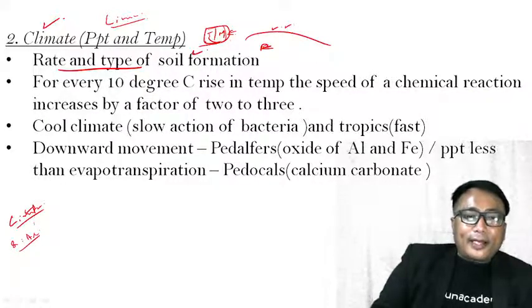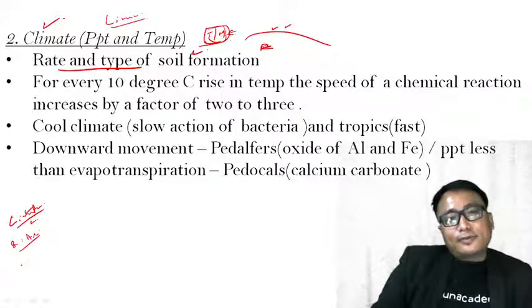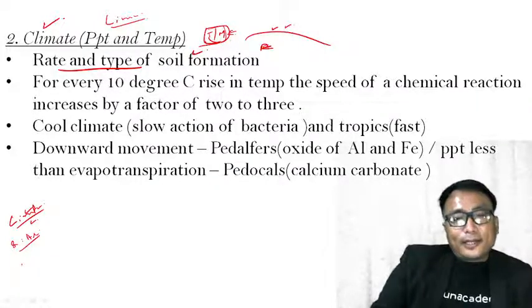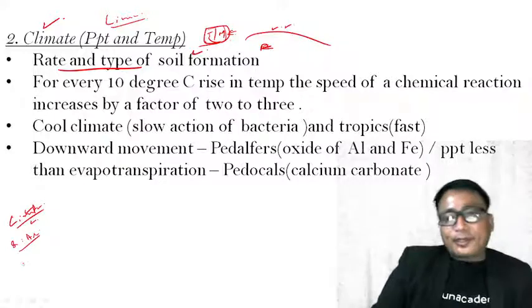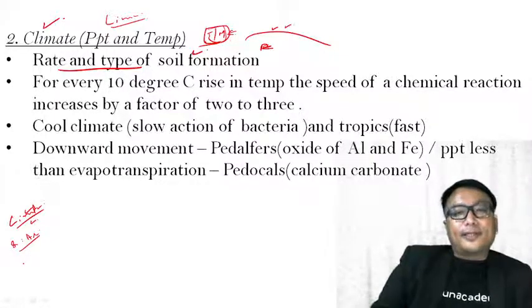In semi-arid and arid condition, that is the desertic condition, the limestone acts as a very hard resistant rock. But the same limestone in the tropical and equatorial region, where you have sufficient amount of moisture and temperature, is weathered at a very fast rate.